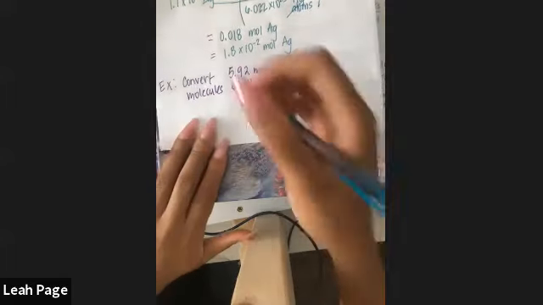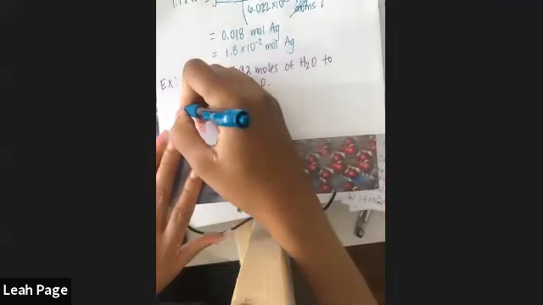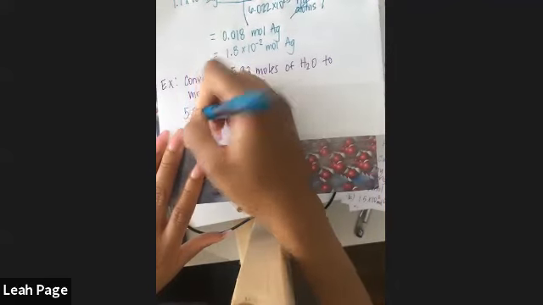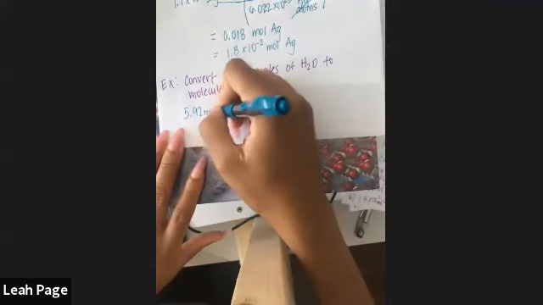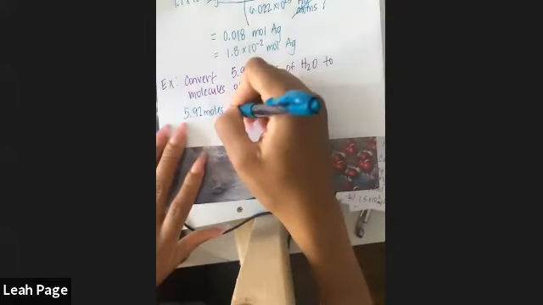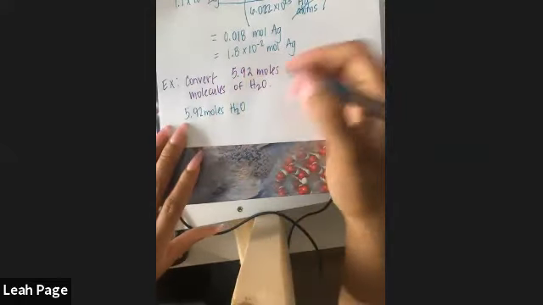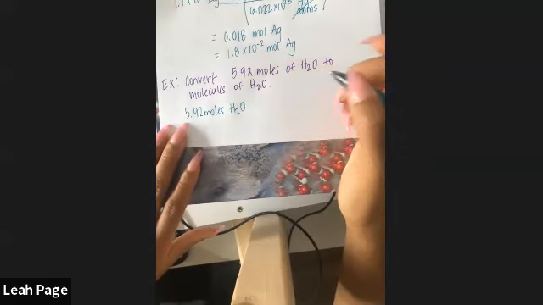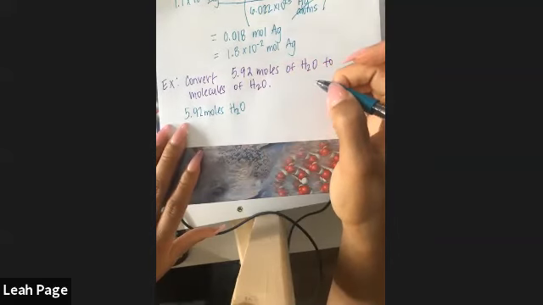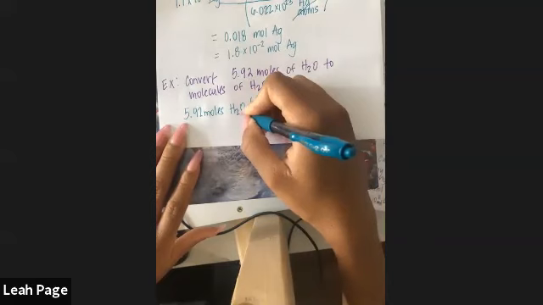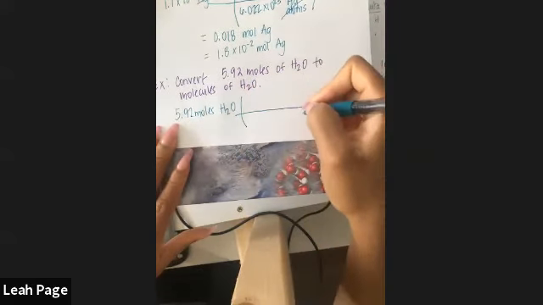Okay, let's talk this out. If I start off with 5.92 moles of water, this is what I'm given, and I want to convert it to molecules of water. What goes at the bottom, guys?